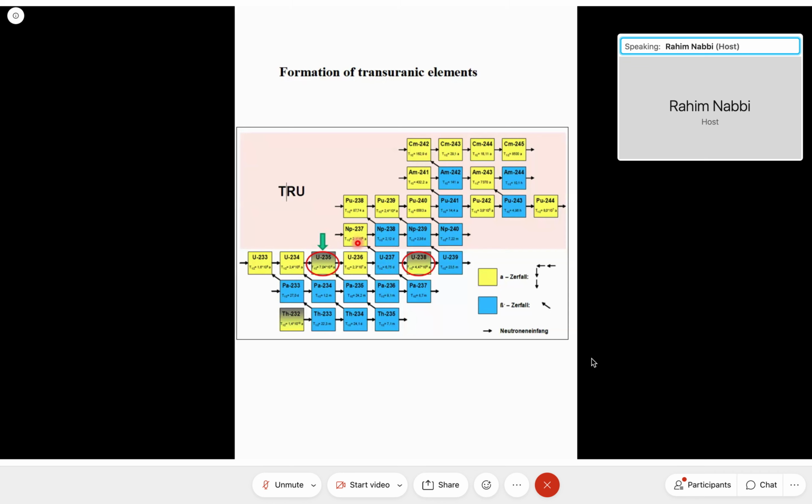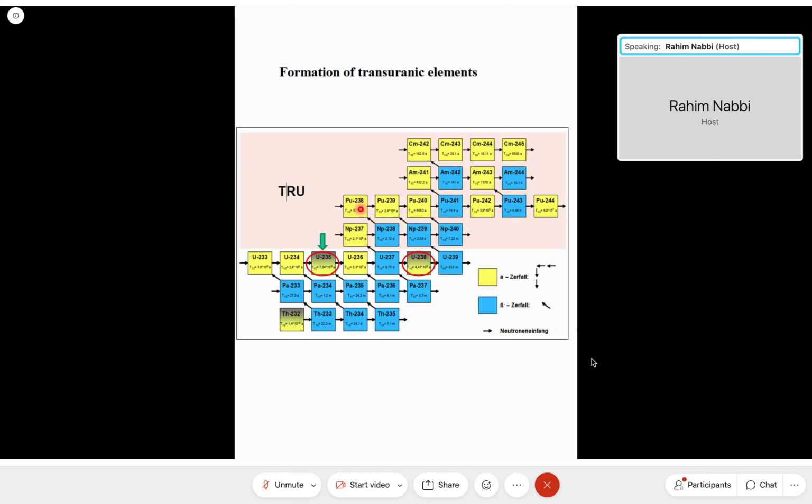It goes to neptunium-237, and 237 is an alpha emitter. That is the case mainly for actinides. By absorbing a neutron, neptunium-237 goes to neptunium-238, and it decays after some days, 2 days, to plutonium-238.